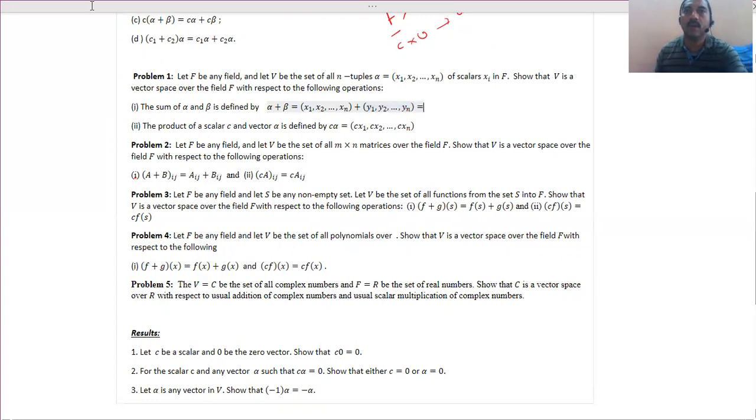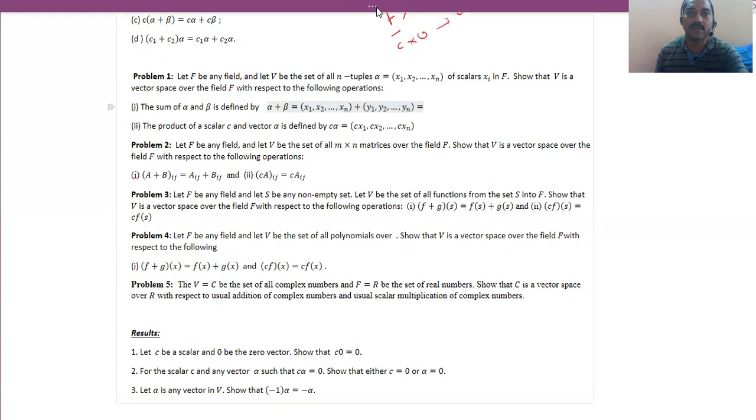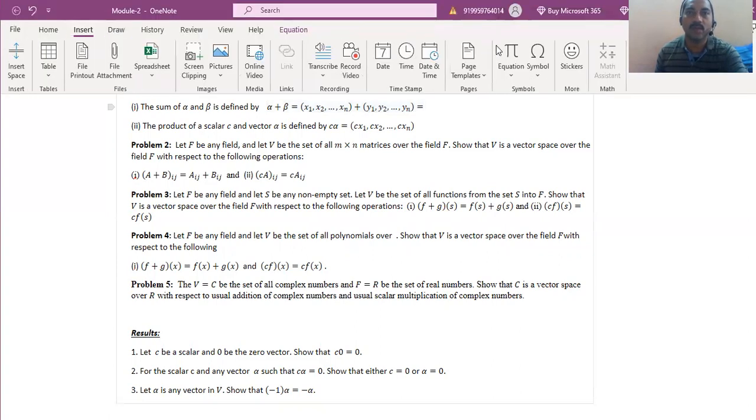It means adding all first components, second components, third components, like that.